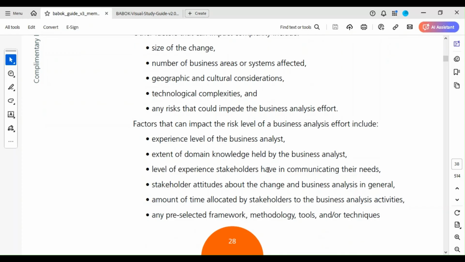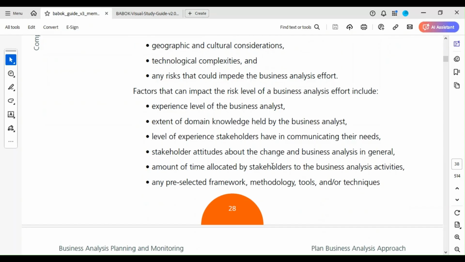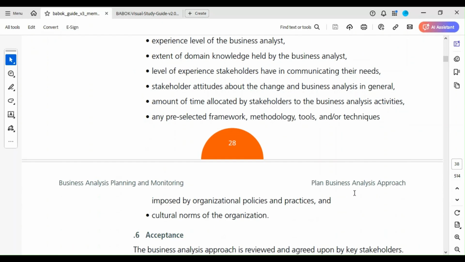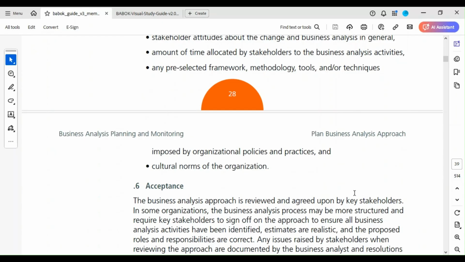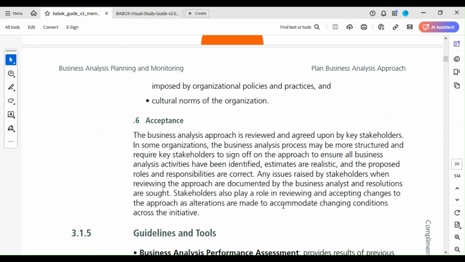Factors that can impact the risk level of a business analysis effort include experience level of the business analyst, extent of domain knowledge held by the business analyst, level of experience stakeholders have in communicating their needs, stakeholder attitudes about the change and the business analysis in general, amount of time allocated by stakeholders to the business analysis activities, any pre-selected framework, methodology, tools and or techniques imposed by organizational policies and practices, and cultural norms of the organization.